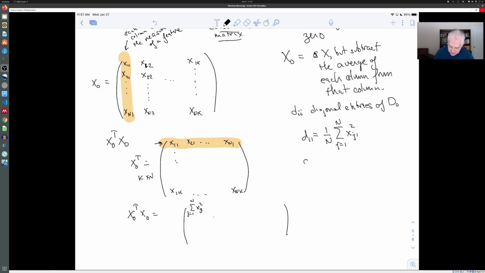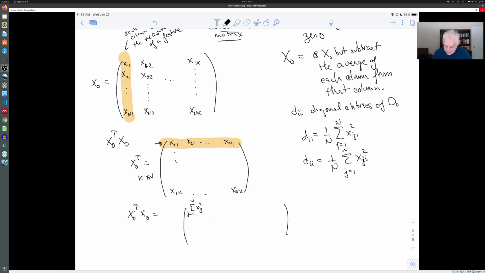And more generally, the ith diagonal entry is 1 over n times the sum from j equals 1 to n of xji squared. Because when you take the ith diagonal entry, you're going to take the ith row of X0 transpose, which is the ith column of X0, and you're going to take the dot product of those two things.